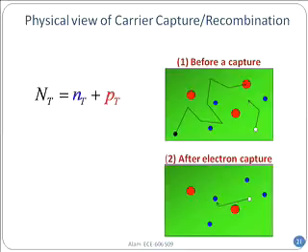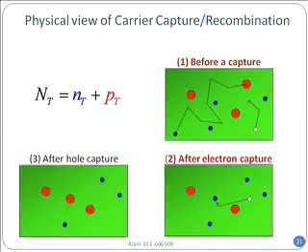A little bit later, let's say the hole gets captured by one that had an electron. This white hole got captured in a blue trap that had an extra electron. So therefore I am returning to the same state I was in before, 3 electrons and 3 holes. But in the process, look at the fate of the electron and hole.